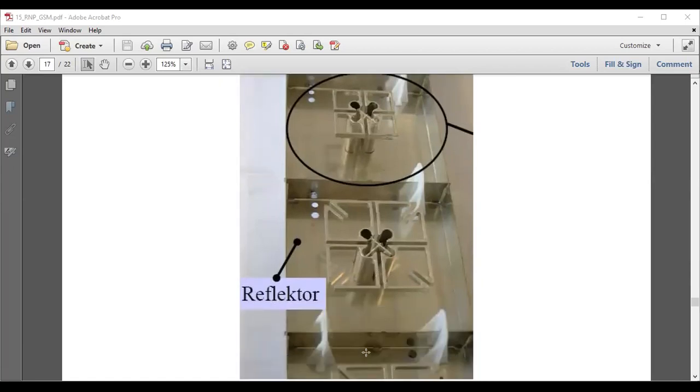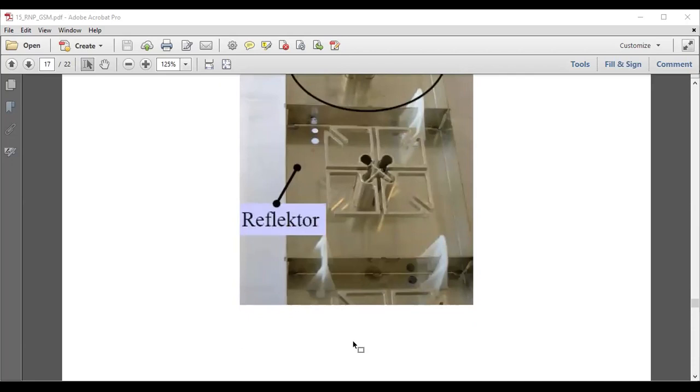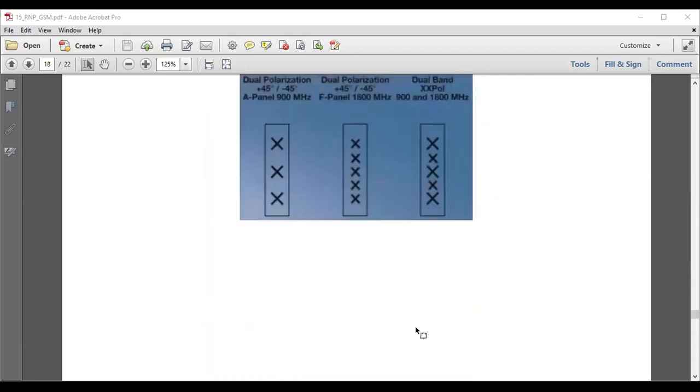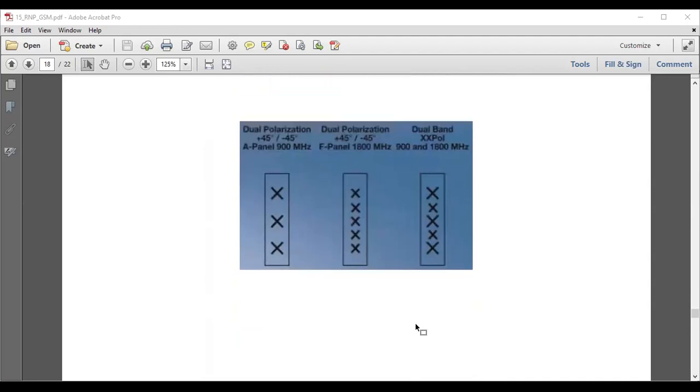However, the two different sizes you may house in the same casing for the purpose of support of two different bands. You could also house them in separate casings. Okay, so that's why you can see sometimes two different casings at the top of the tower, facing in a particular direction.